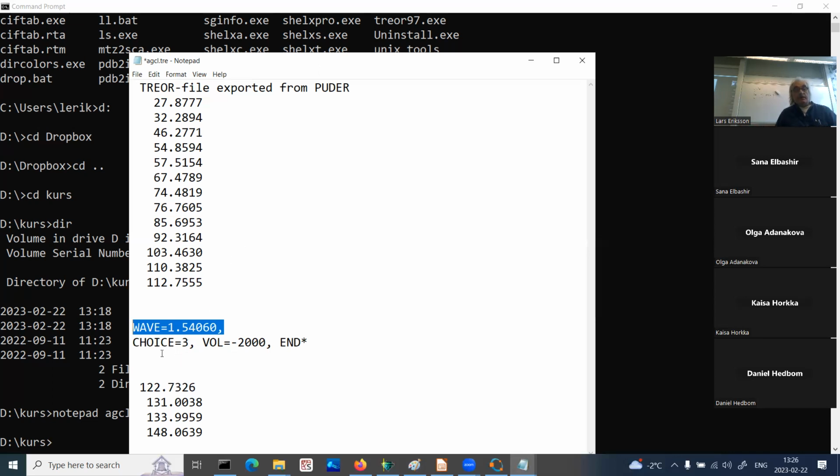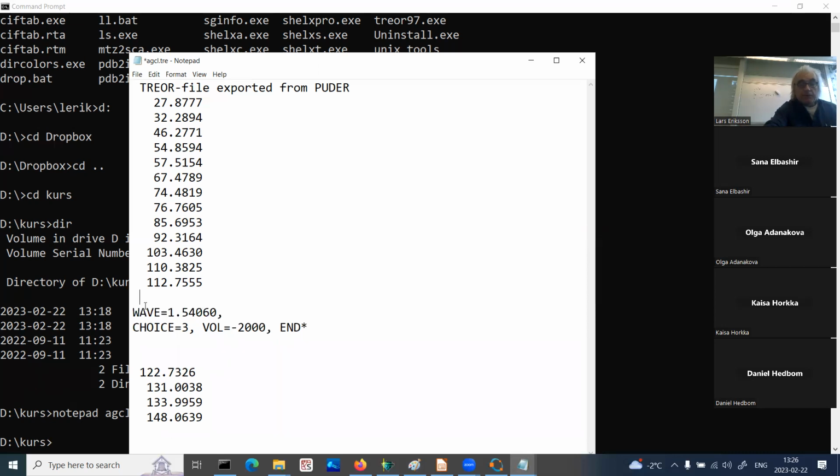And then how should TREOR actually process these data? Well, if we don't have this volume equals a negative value, then it will only test cubic, tetragonal, hexagonal, and orthorhombic, and then it will stop because those were the simple tests. Monoclinic and triclinic is difficult.